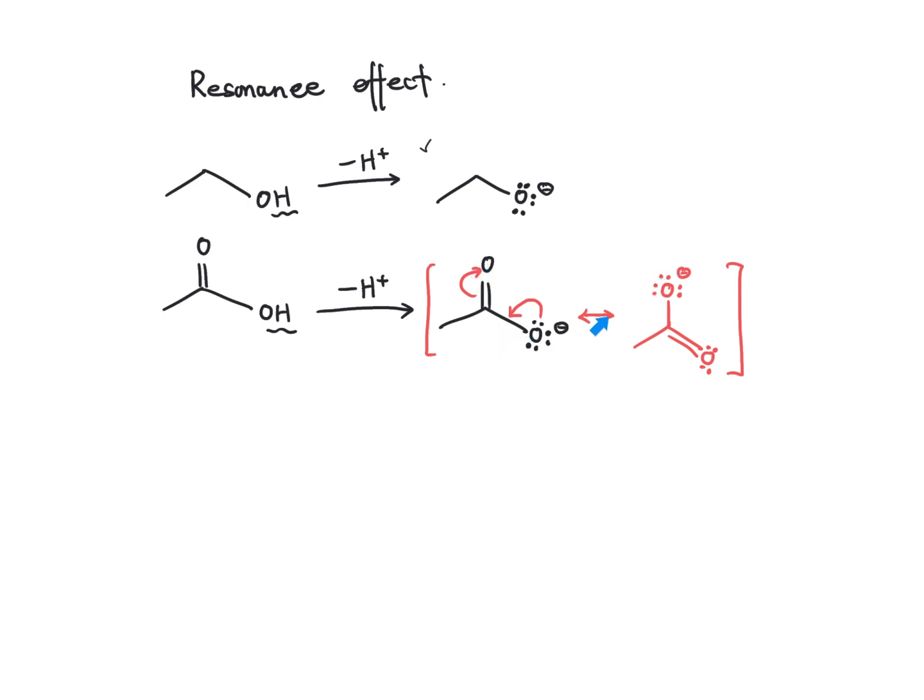They kind of share this negative charge. So what does that mean? That means it spreads this negative charge through a bigger space that gives you a more stable negative charge. So in this case, this negative charge is stabilized by resonance, meaning it's more stable.